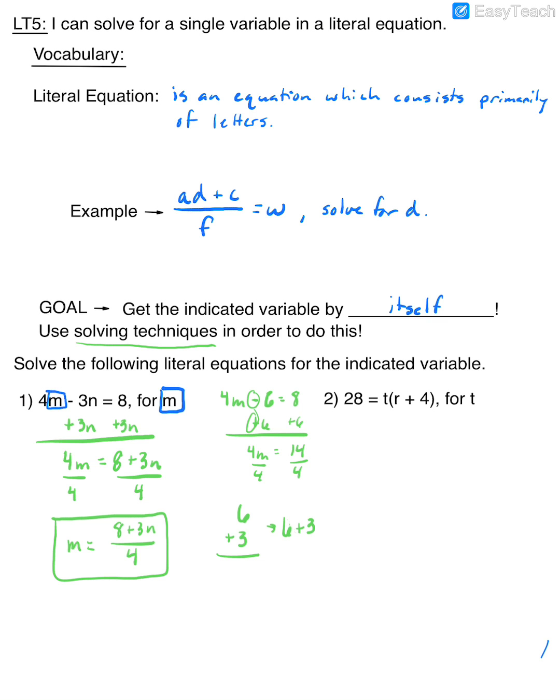Okay, for the next part, number 2, I want to be able to get t by itself. So it has 28 equals t times r plus 4. Okay, now this one's interesting because your first thought would be to multiply t through the parentheses.